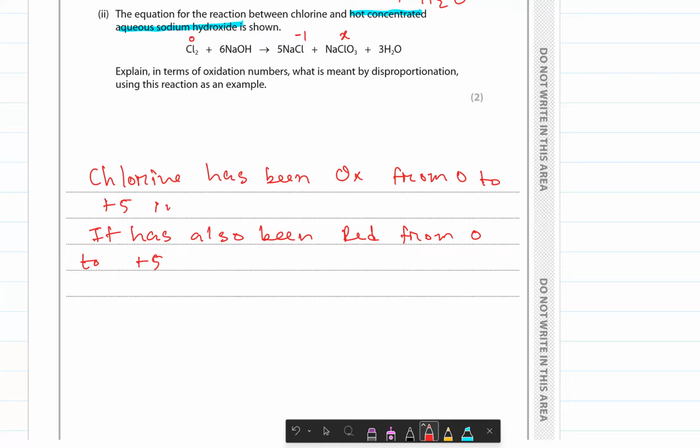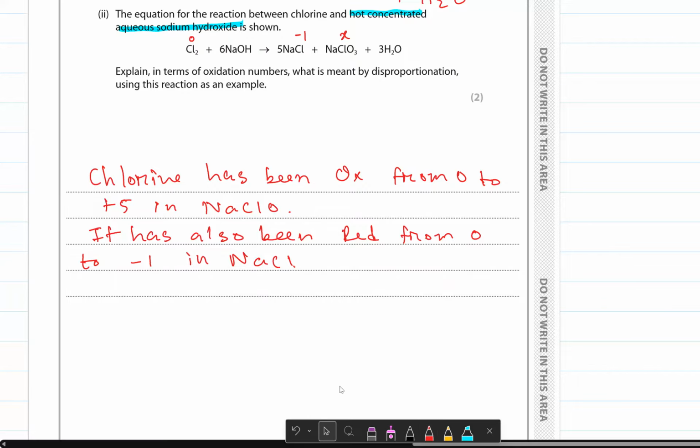Yeah, positive 5 in NaClO3, and it has been reduced from 0 to negative 1 in NaCl. Sorry, I wrote it the other way around. And that is how you explain this disproportionation reaction. You just have to show that it has been reduced and oxidized.